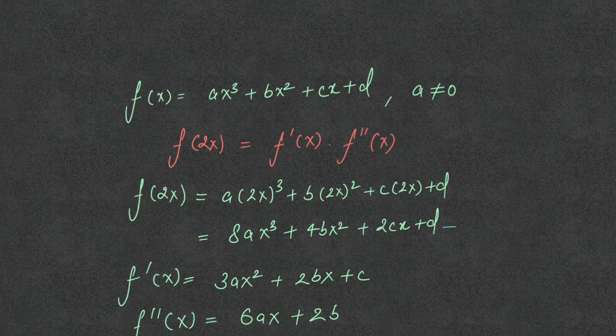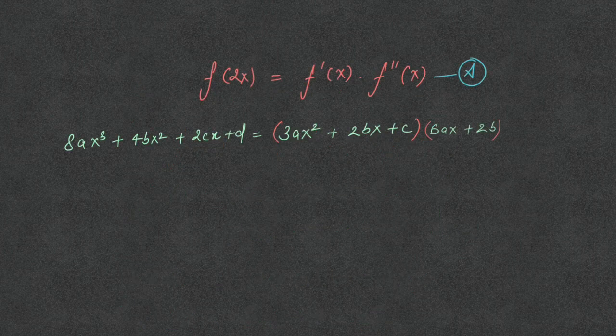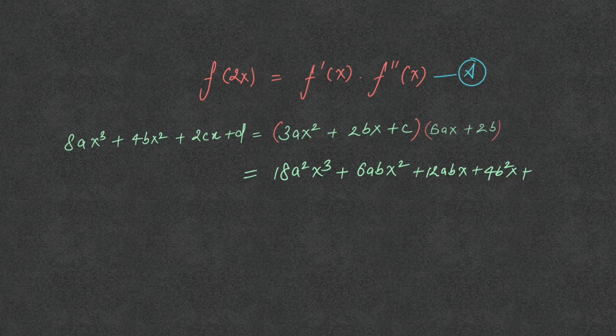Now using these equations 1, 2 and 3 in equation a, and evaluating the right hand side, we get 18a square into x cube plus 6ab x square plus 12ab into x plus 4b square into x plus 6ac x plus 2bc on the right hand side.